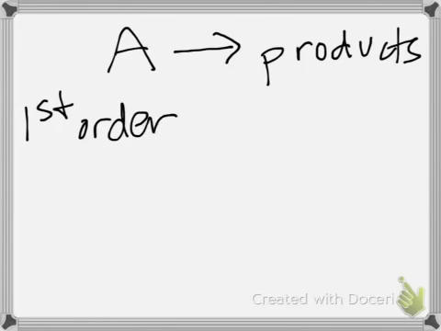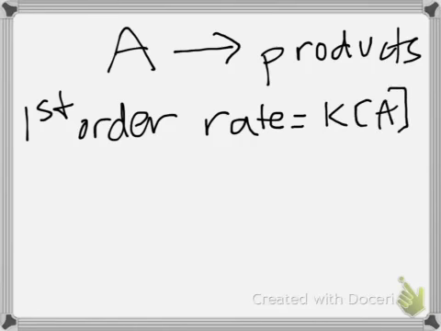I hope you recognize that means that the order of the reaction with respect to A is equal to 1, which means our rate law is going to look something like this. The rate is equal to K times simply the concentration of A raised to the first power.